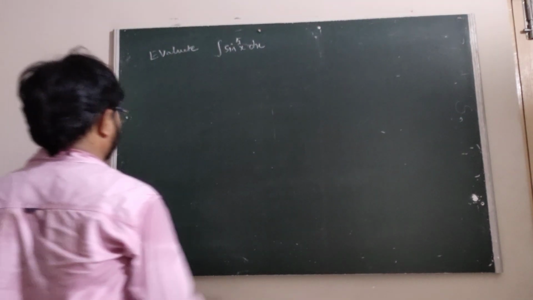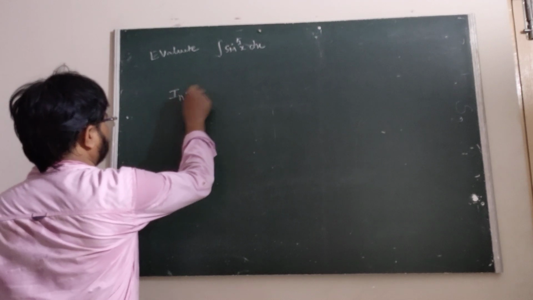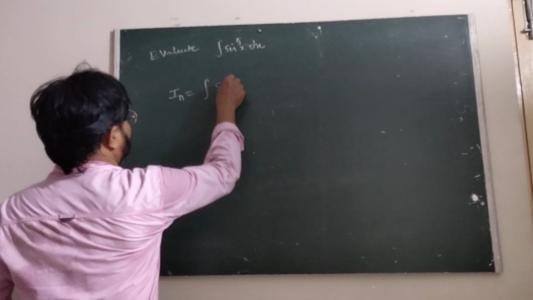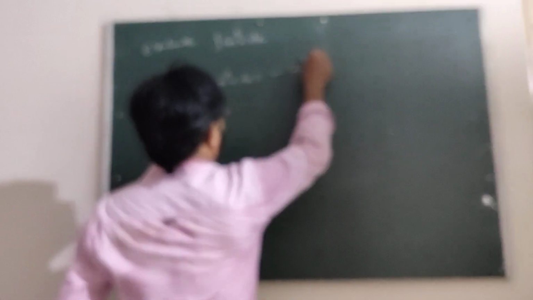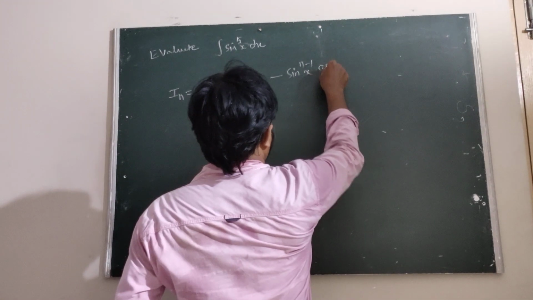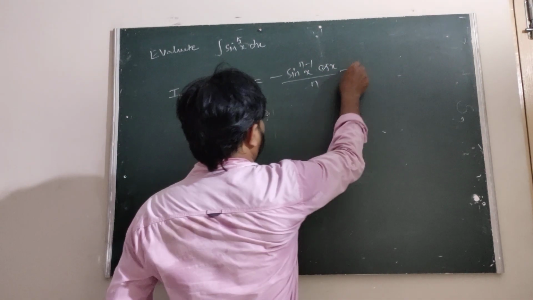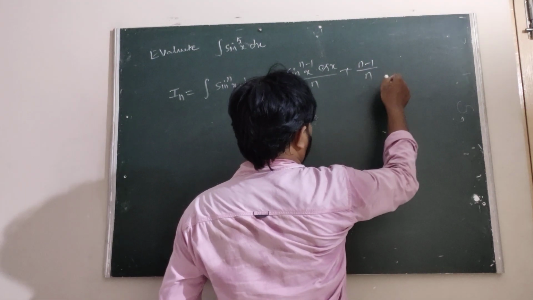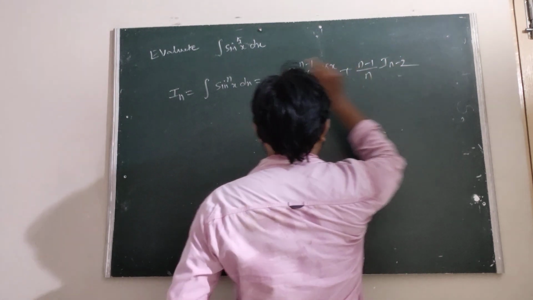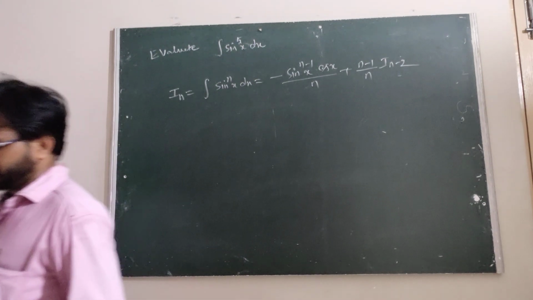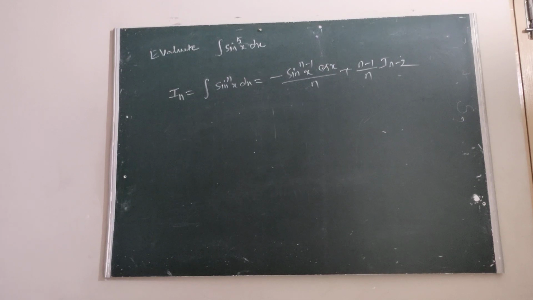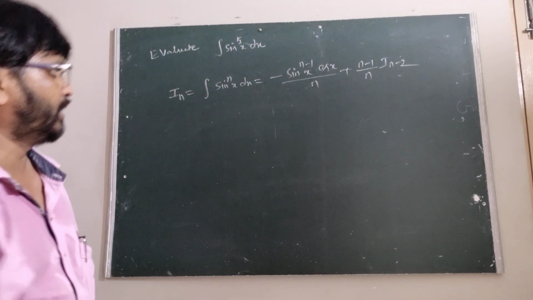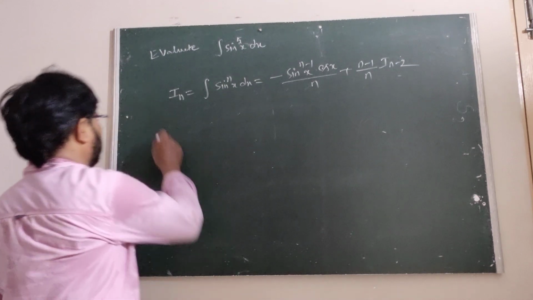Just now we completed I_n, the integral of sin^n x dx, equal to minus sin^(n-1)x cos x upon n plus (n-1) upon n times I_(n-2). Now first we find I_5.